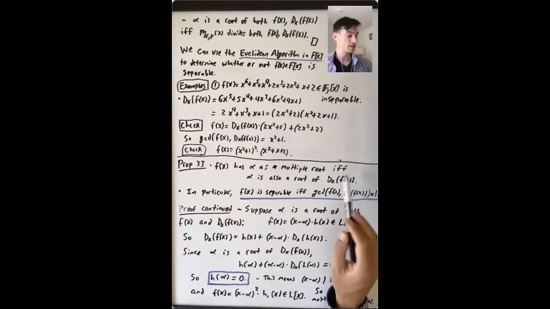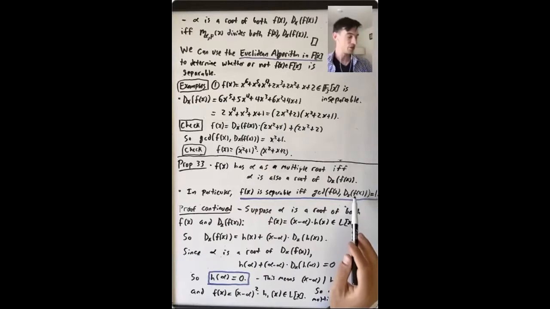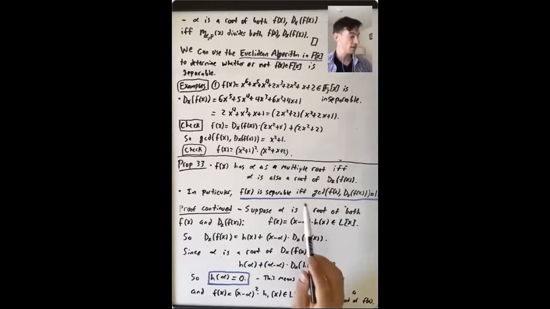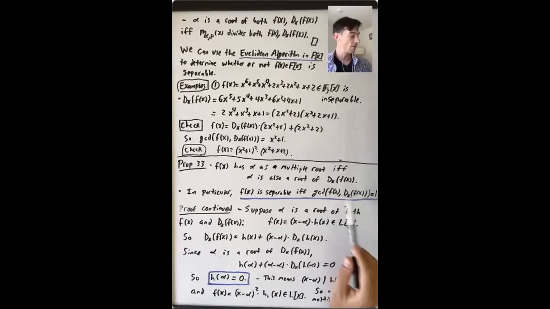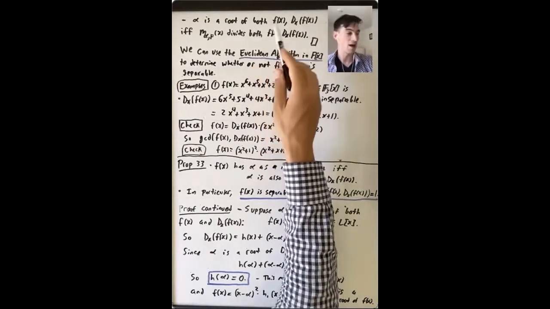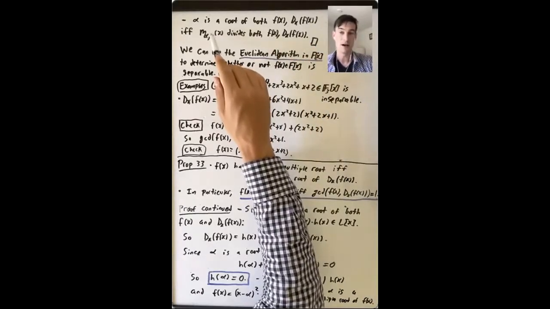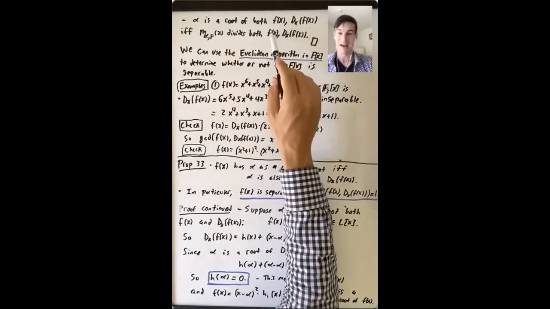And so we want to say that f of x has no multiple roots if and only if the GCD of these two polynomials is 1. So let's just say clearly, what does it mean for alpha to be a root of both of these polynomials, f of x and the derivative of f of x? Well, when is alpha a root of a polynomial? When the minimal polynomial of alpha divides that polynomial.